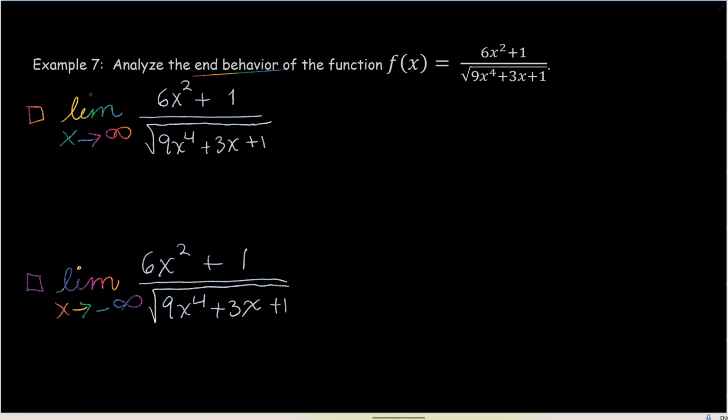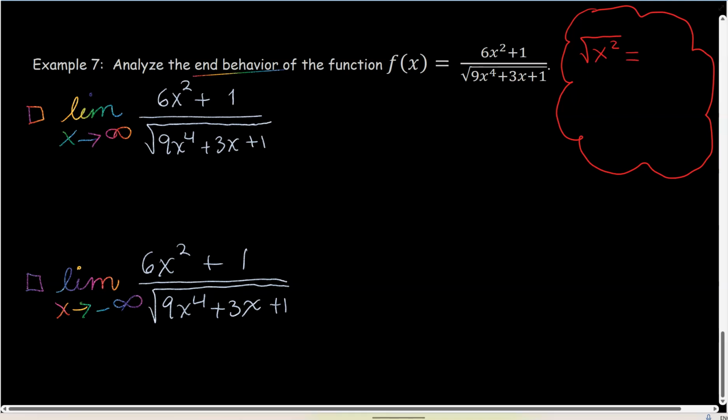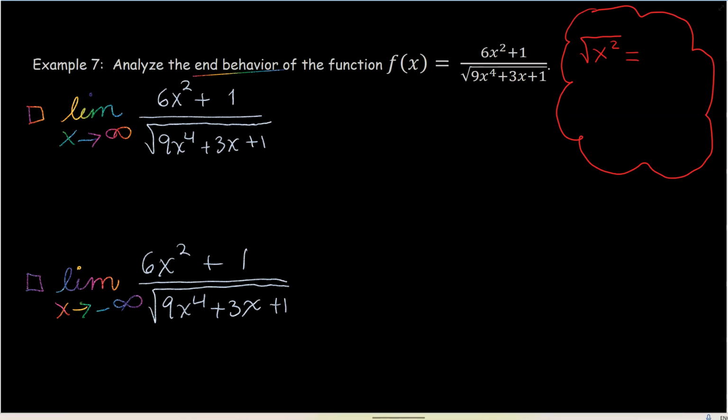Now, when studying this, one of the things that we must pay attention to, which happened in your algebra class, is this. What is the square root of x squared? Well, we would think the square root of x squared will undo each other and it will just give you x.